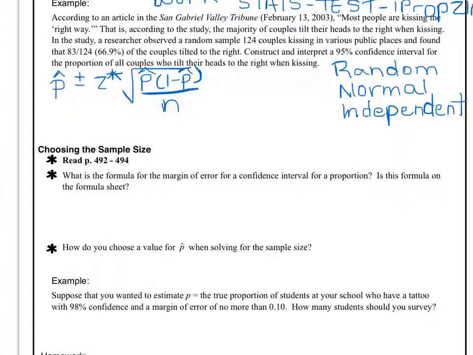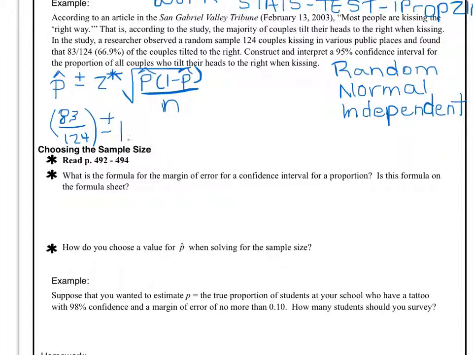So then I can go ahead with the do process, and I want to make sure I write this interval out with the numbers plugged in. So that would be 83 over 124 plus or minus my z star. Okay, to do my 95% confidence interval, I need to go do inverse norm and type it in on my calculator.